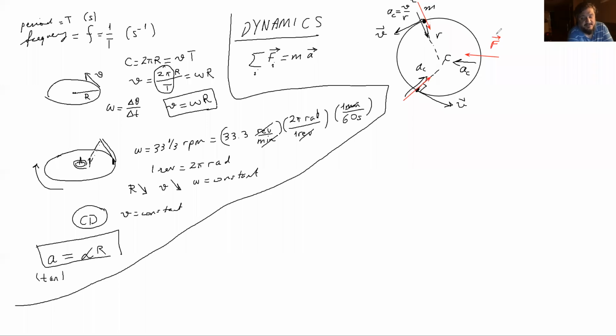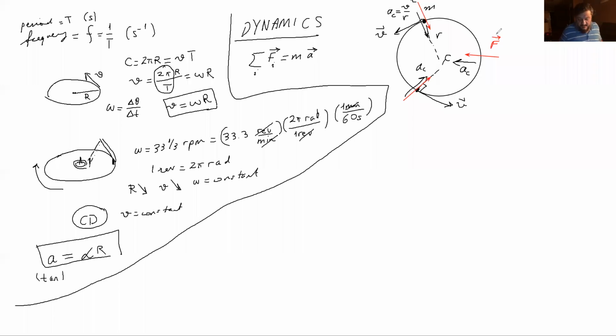The net force. If we're talking about a communication satellite, the force is the gravitational pull of the Earth on the satellite. All right? If you tie a string to a ball and then start spinning it, this force will be the tension in the string. All right?